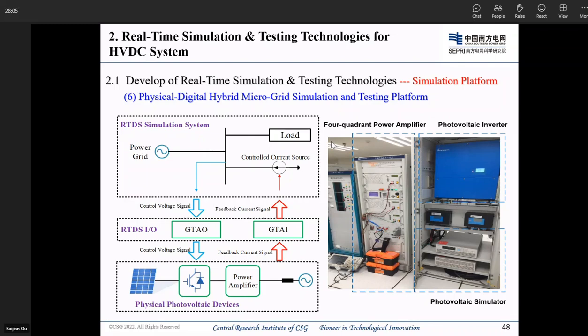We also use RTDS to develop the microgrid simulation. We use a solar power device to connect with the RTDS power system with an IO card or other. Also wind power like this.